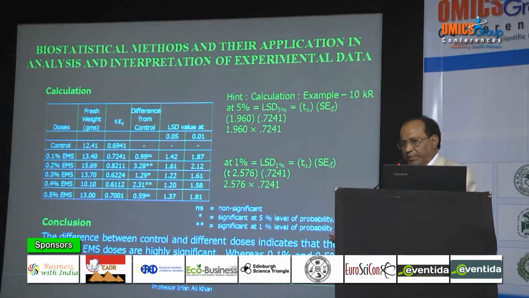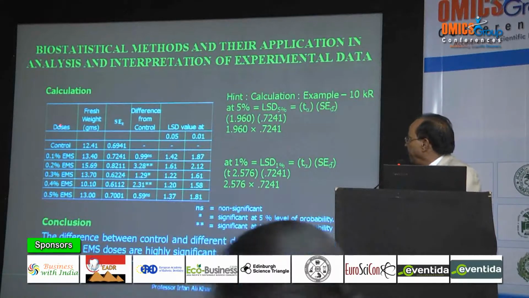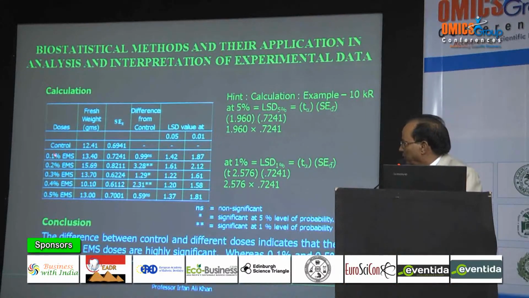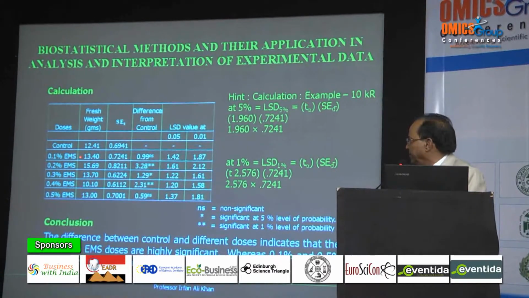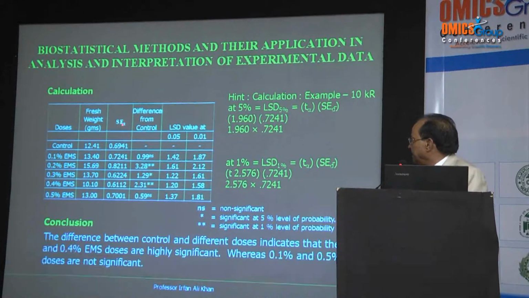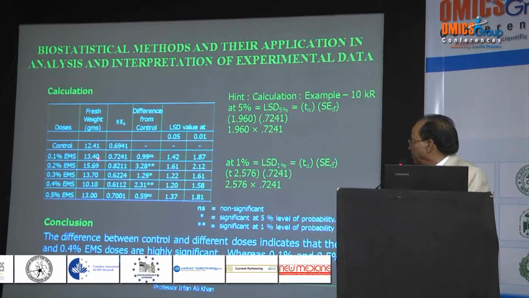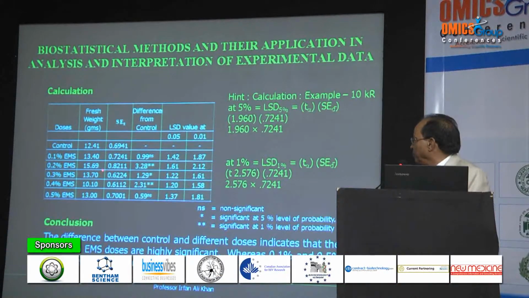I'll discuss more about this part. Here I have the doses: control, 0.1, 0.2, 0.3, 0.4 and 0.5% EMS, and this is the fresh weight in grams, and this is the standard error of these mean values. Just now I was talking about Dr. Susila, she was talking but not showing.